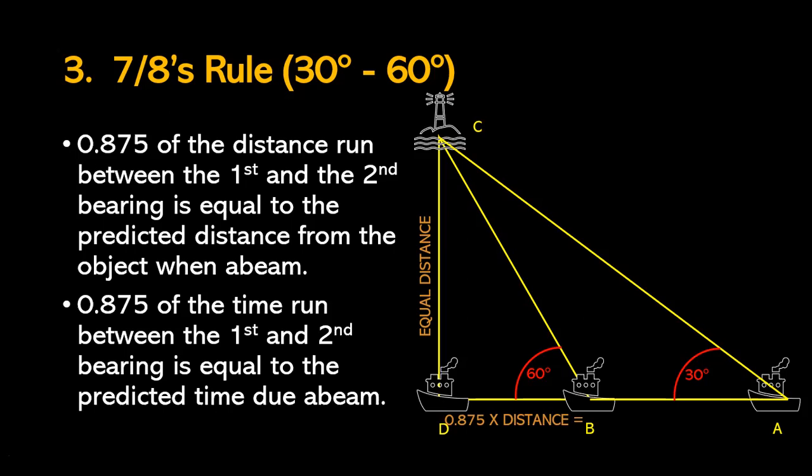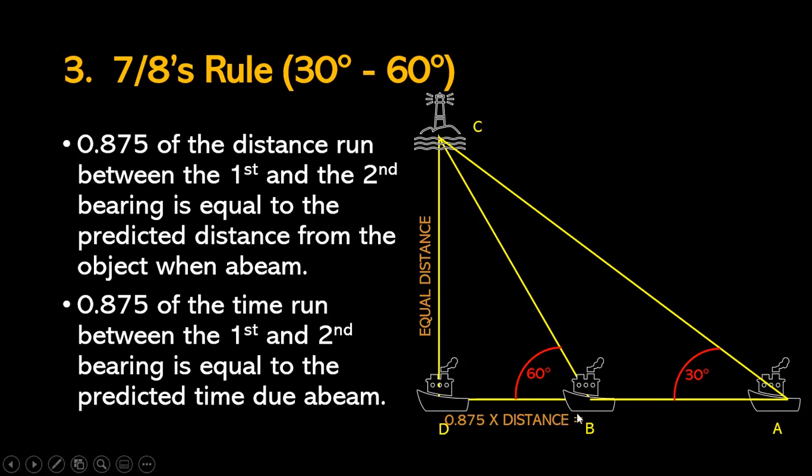So habang tumatakbo yung barko, nag-fix ulit ng isang bearing, ng isang object, nakuha mo siya 60 degrees. Sabi natin sa unang rule, A and B is pag nakuha mo yung distance, is also equivalent to the distance from B to C. So para makuha naman natin yung B to D, we need to multiply the distance taken from A and B and multiply it to 0.875.